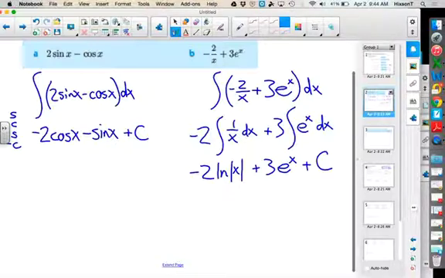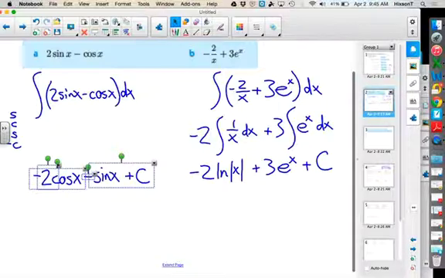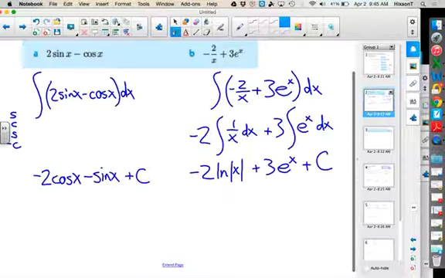Yes? Okay, so I'm, not this last step, but the one before, I'm very confused as to how you broke that up. Okay. So for this one, doing the same thing that we did here, we could have broken this down into 2 times the integral of sine of x dx, minus the integral of cosine of x dx.